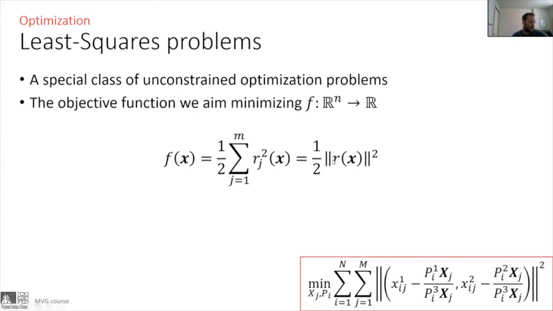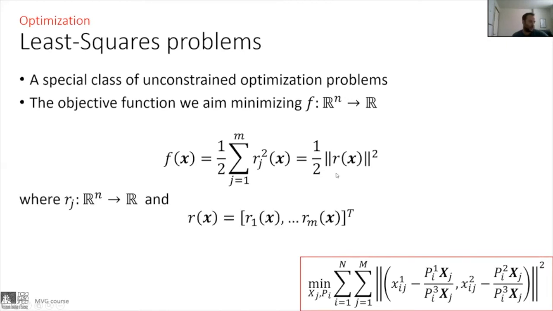So we denote by Rj the jth residual, and R of x is just putting all the residuals inside a vector. As you can see here, I remind you that bundle adjustment also shares this property. We have a sum of squares, right?